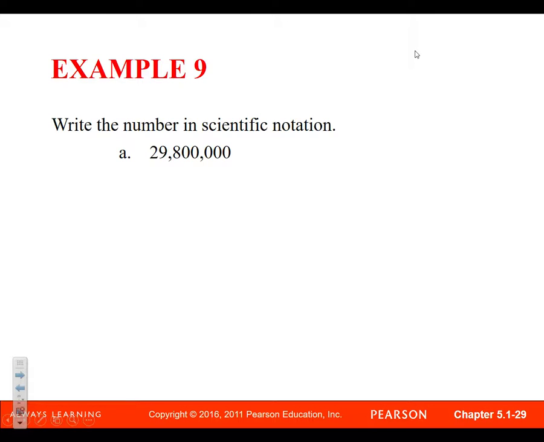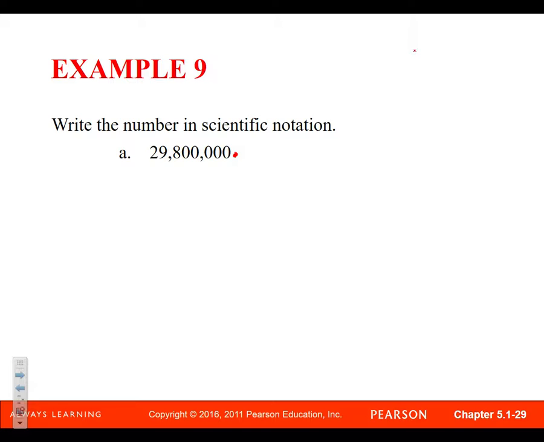Do you guys remember how to write this in scientific notation? Here's the rule. In order to write something as a decimal in scientific notation, the decimal that we didn't write, or we should have, because we know it's there, needs to be in front of the first non-zero digit. What is a non-zero digit, people?